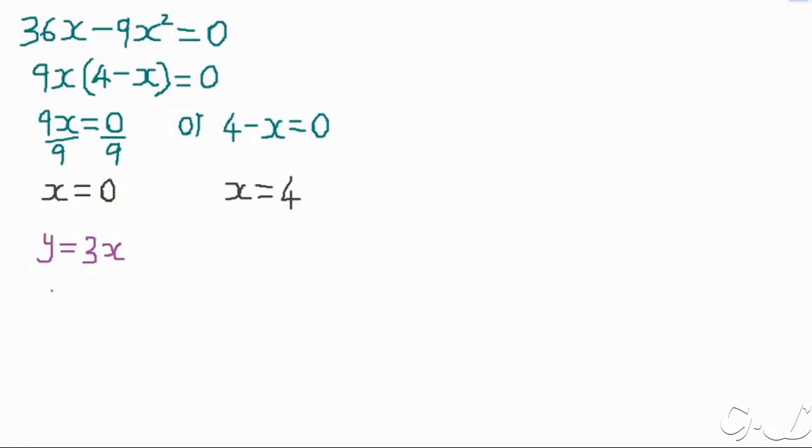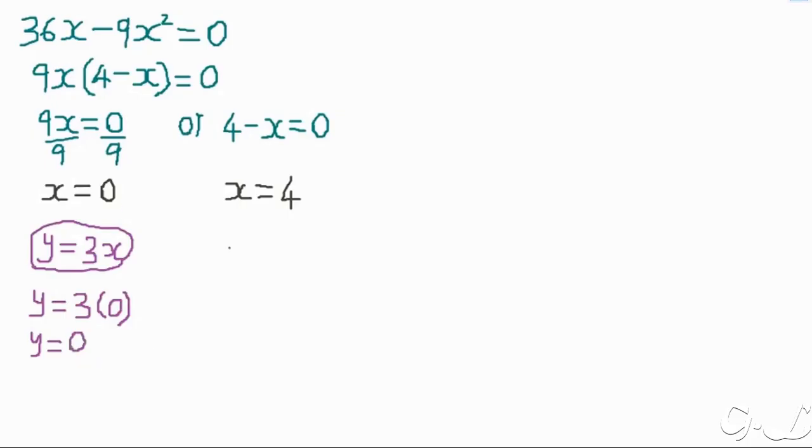So what we can do now, since we have found the value of x, is that the value of x on the first part is 0. So we are going to start by replacing it with 0. So it will be y is equal to 3 open brackets 0.